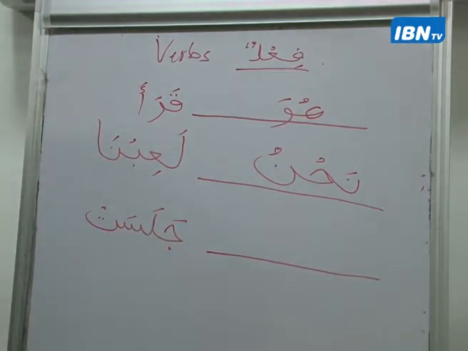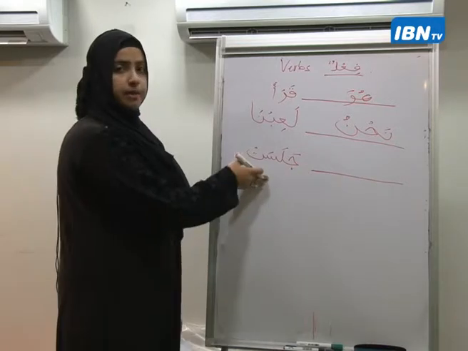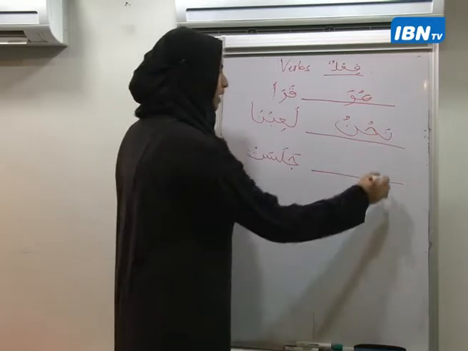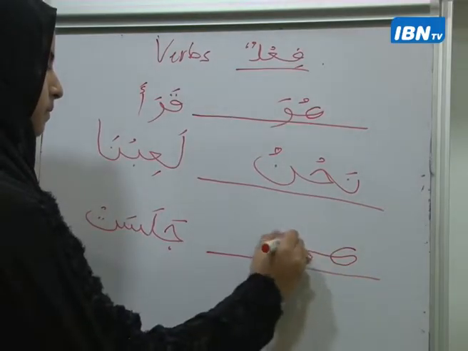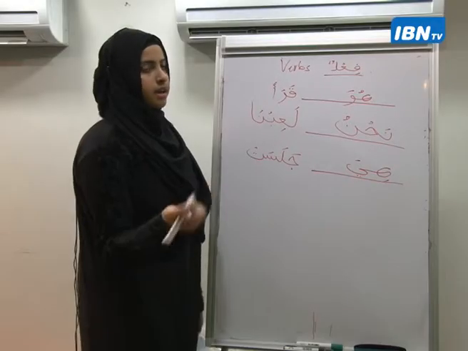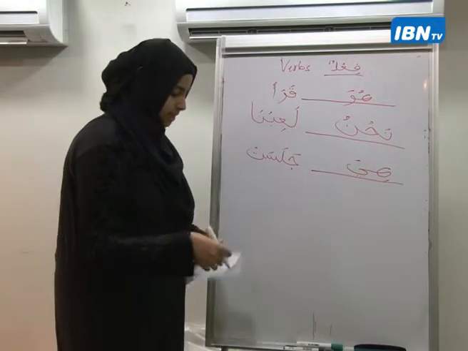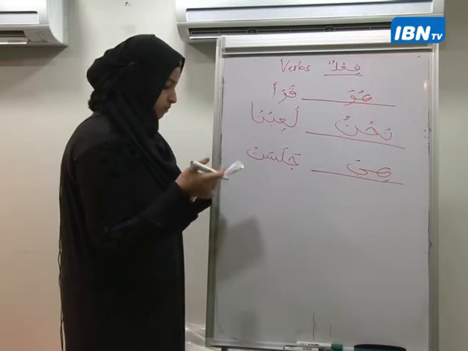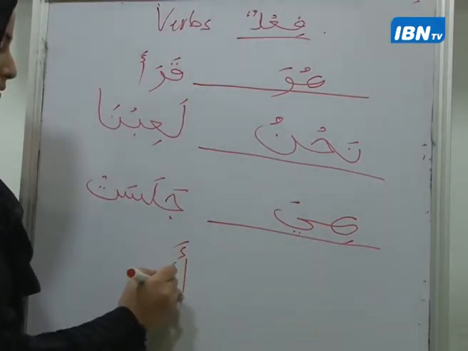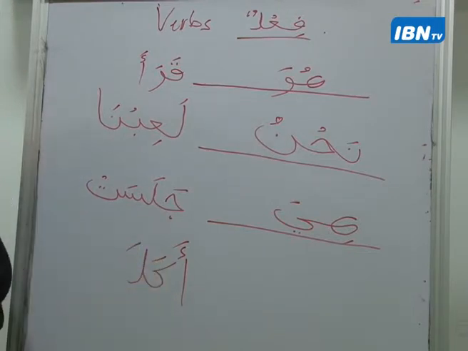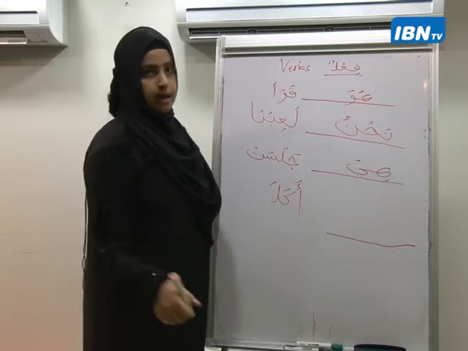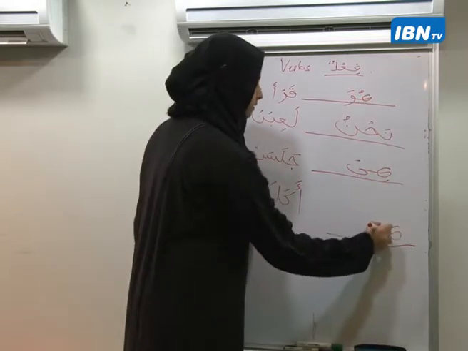So the appropriate pronoun that I'm going to put here before jalasat, I can say hiya jalasat, right? Hiya jalasat means she sat. Any other pronoun? Let's say I have the verb akala. Right, so the appropriate pronoun is going to be huwa akala, means he ate.